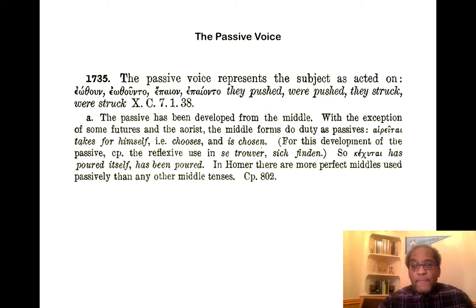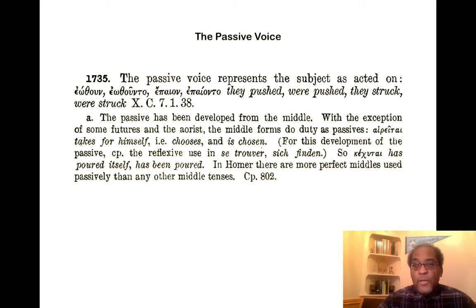So you end up with hairetai, which as middle means he takes for himself, i.e. chooses, but as passive, hairetai means he is chosen. And this development can be compared with the same thing you might see in French and German, as this passage goes on to say.